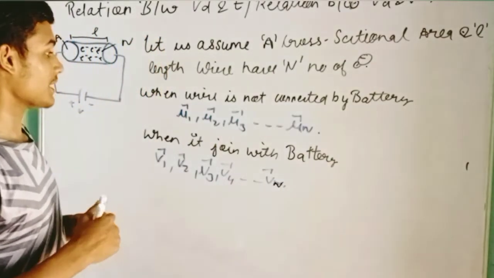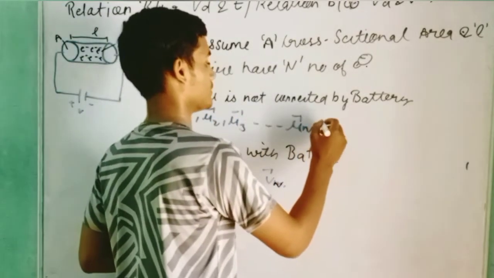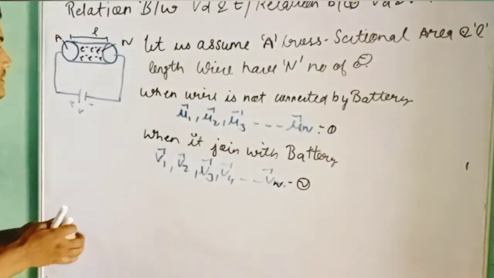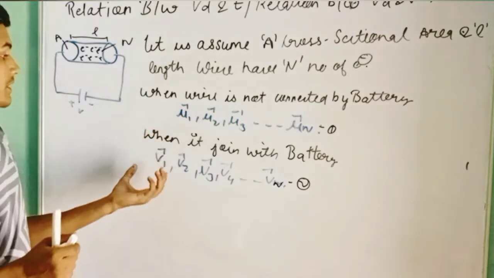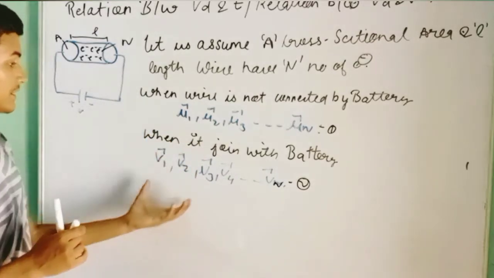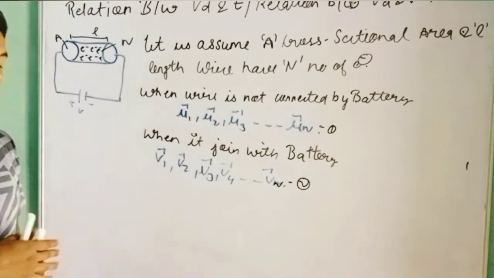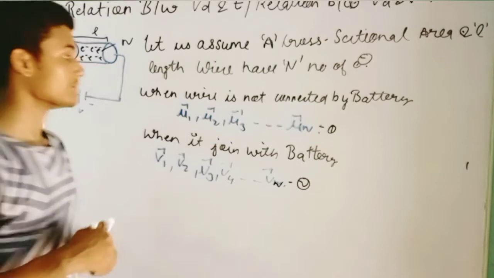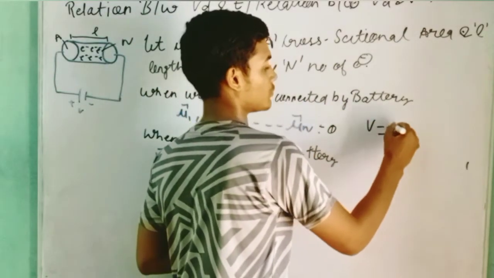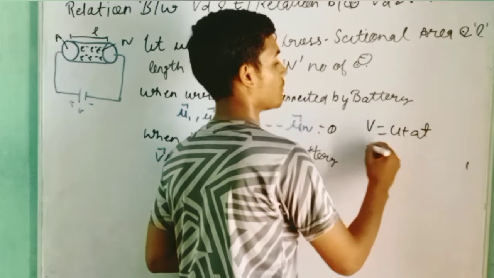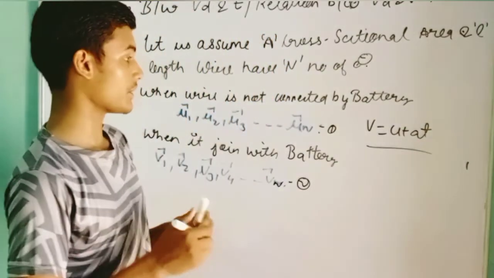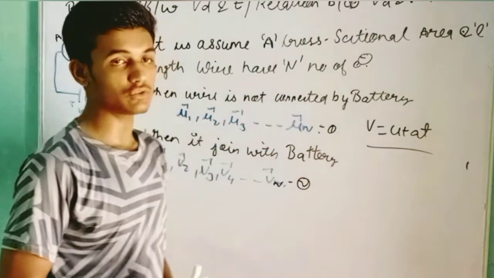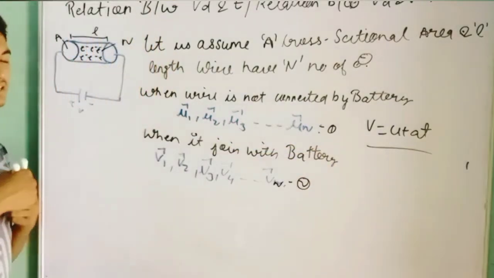So that gives two data equations, first and second: when not connected to the battery and when the electrons are joined with the battery. Now we take relaxation time and apply v is equal to u plus at. How much data is required? v, u, a and t also. Here t means relaxation time.